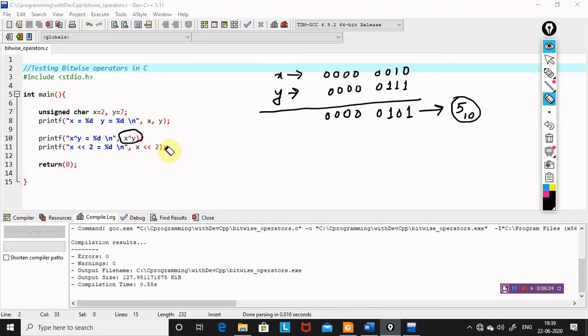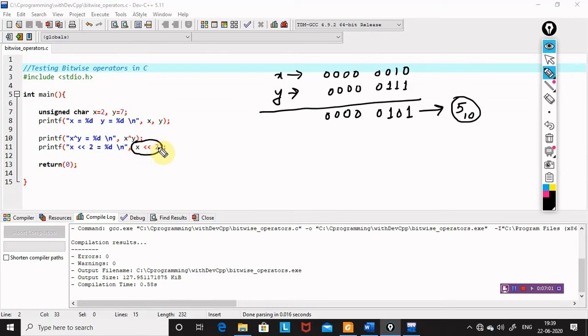Now, before executing the program, we would try to understand another of the bitwise operations, that is left shift. So this is the left shift operation, and the syntax is x << 2.